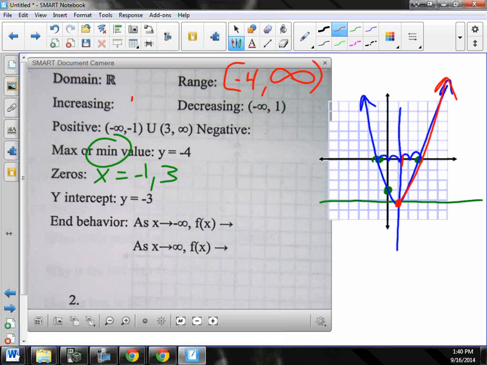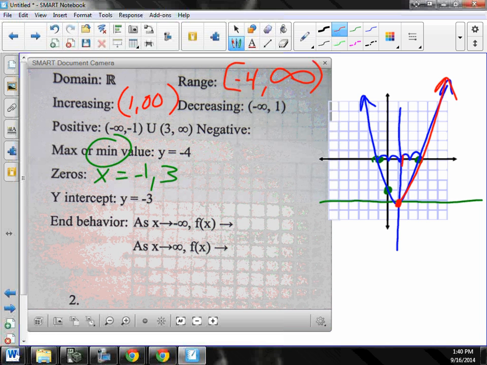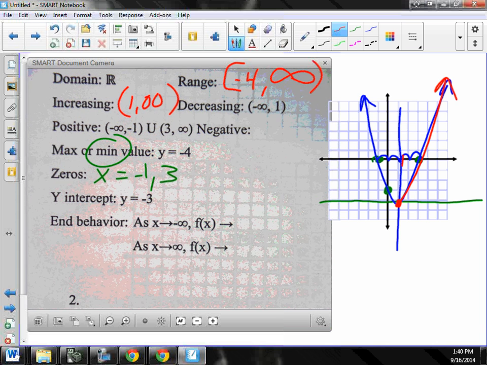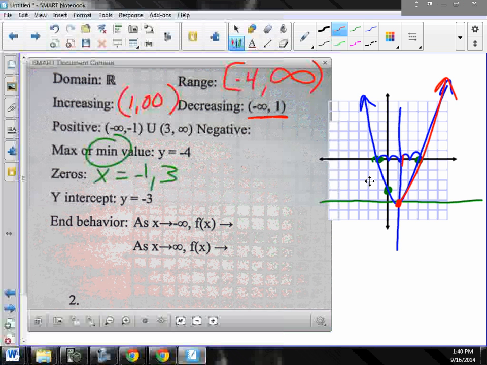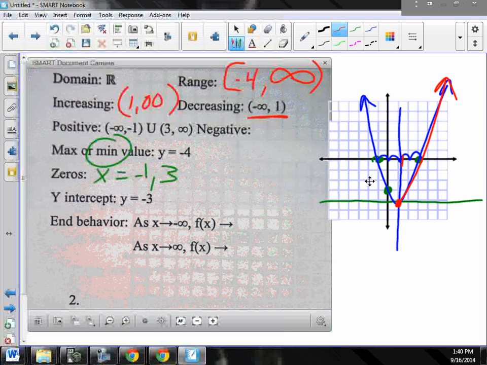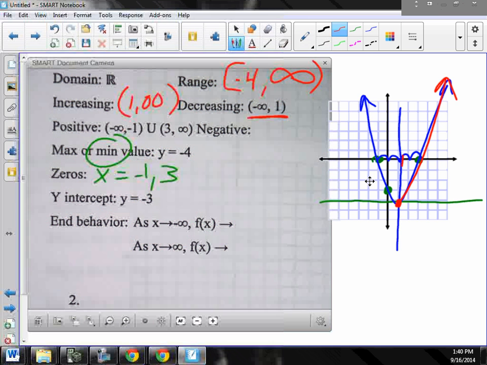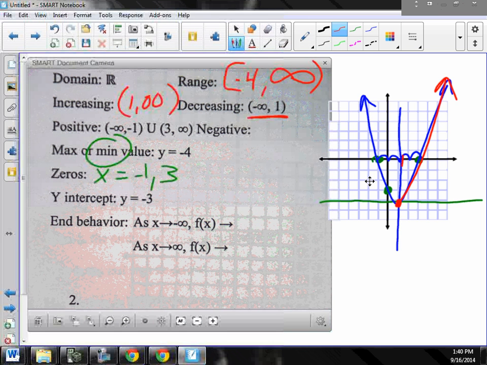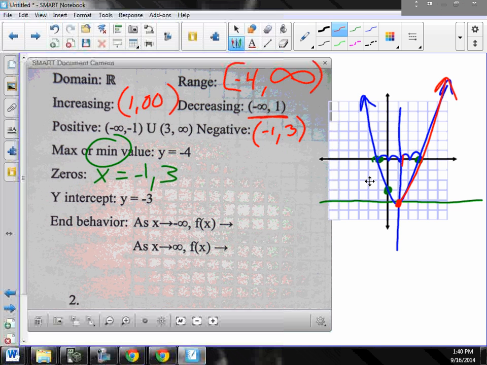Now, could I have filled that out before I graphed it? How? I knew the decreasing. So you just switch the x and y and change the sign of the negative. Okay? Do I know where the graph is negative? Well, it's between the two roots. So from -1 to 3, it's negative.